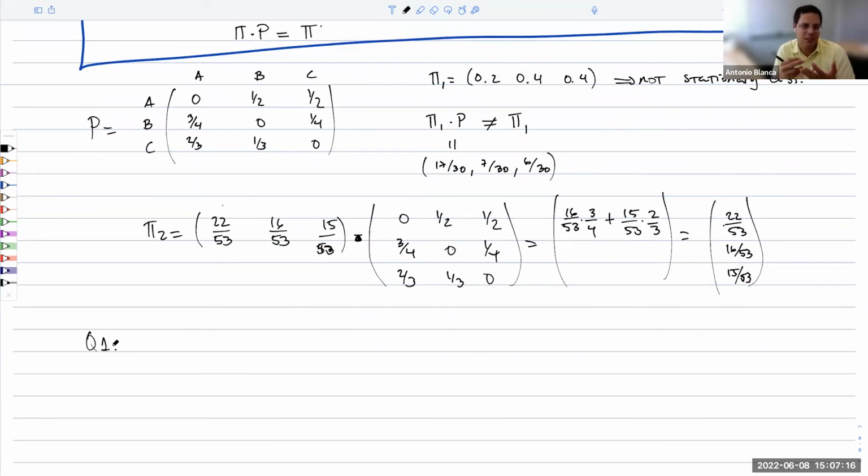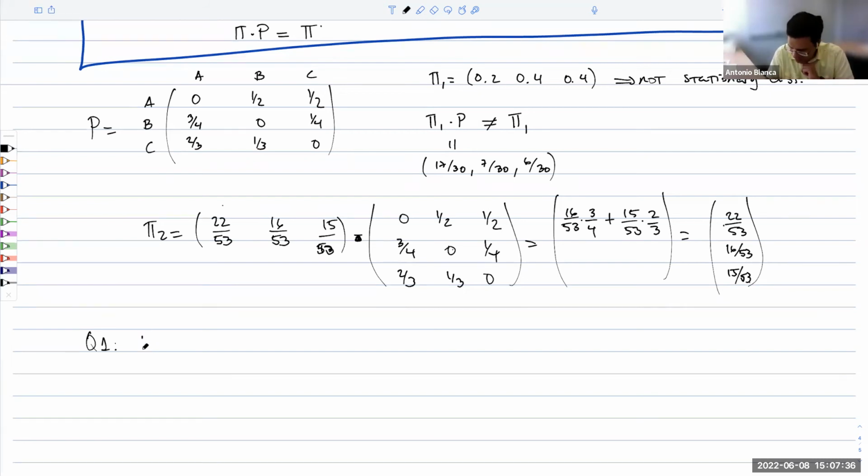Is it unique? Does the chain converge to a stationary distribution? These are the types of questions that we should think about. In fact, I'm going to give you some very simple conditions under which the answer to all these questions is yes: there exists one, there is only one, and the chain converges to it.